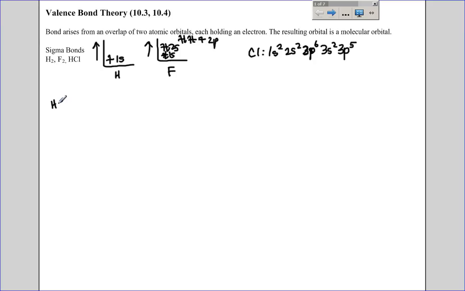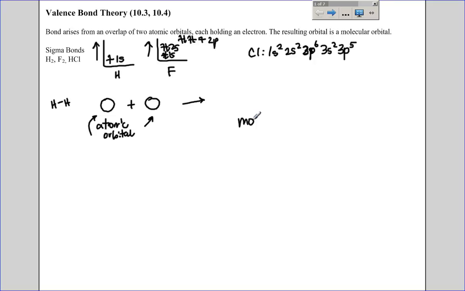We want to study the bonding in H2, so it's a hydrogen atom bonded to another hydrogen atom. The atomic orbitals for this molecule are 2 s orbitals. So what we are doing when we form a bond between 2 hydrogen atoms is we are overlapping these 2 1s orbitals to form a molecular orbital of H2.